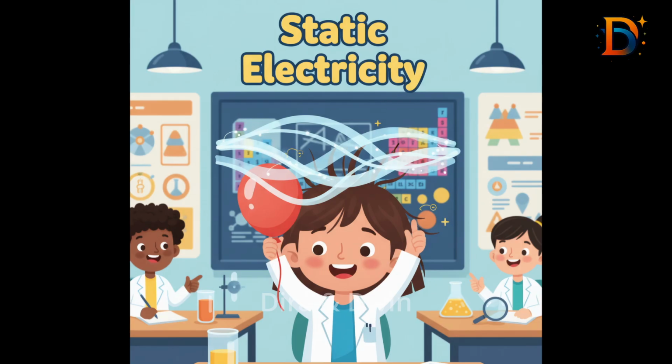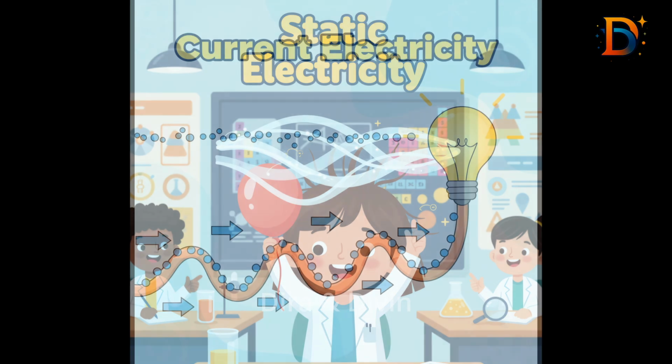Imagine you are rubbing a balloon on your hair. This is what you feel when you rub a balloon on your hair and it sticks, or when you get a small shock after walking on carpet. The charge just builds up in one place and jumps to another.